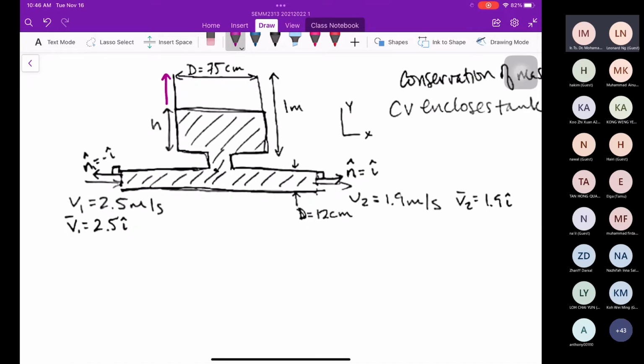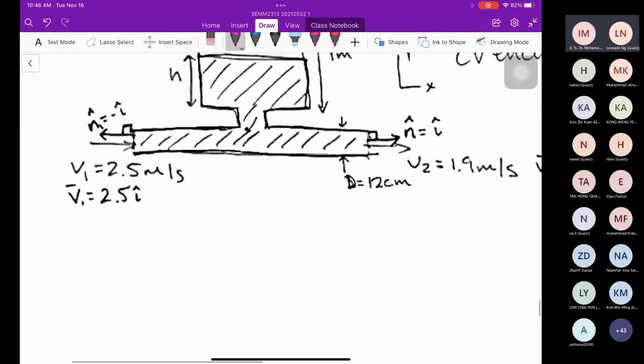So now we can apply the conservation of mass, where the control volume encloses the tank and the pipe. Now we apply the conservation of mass for the water flow.